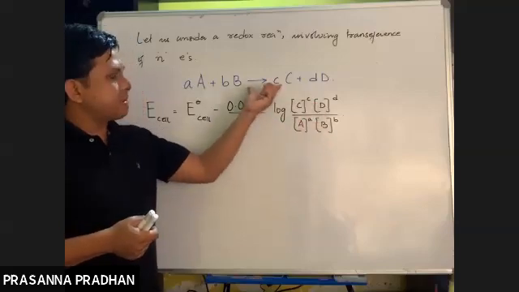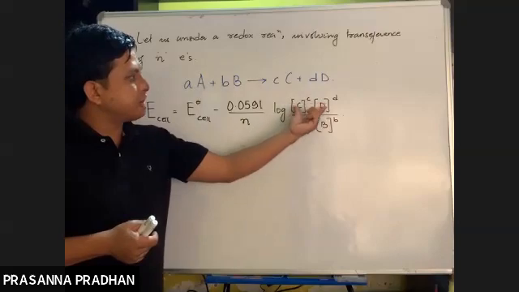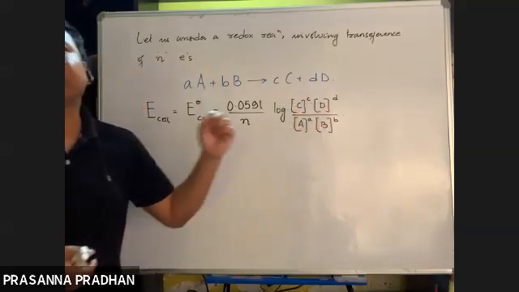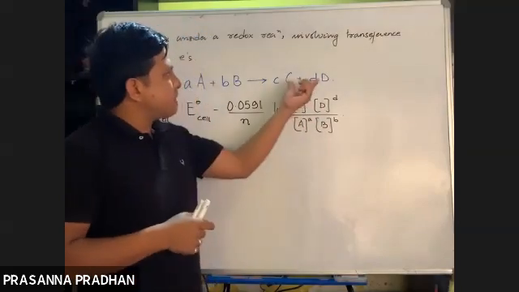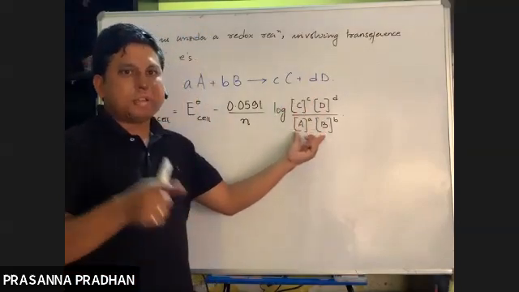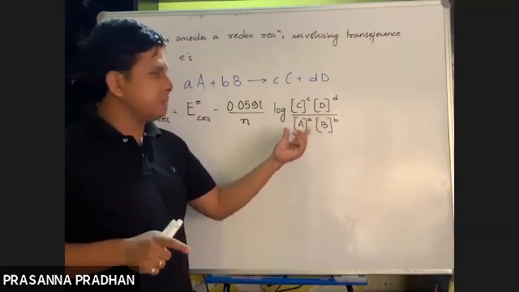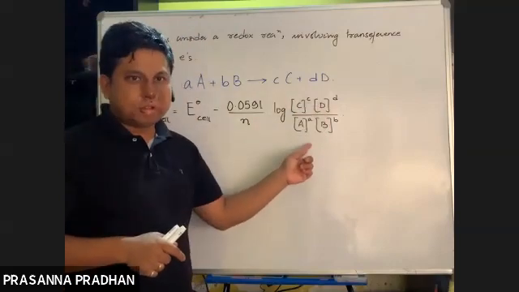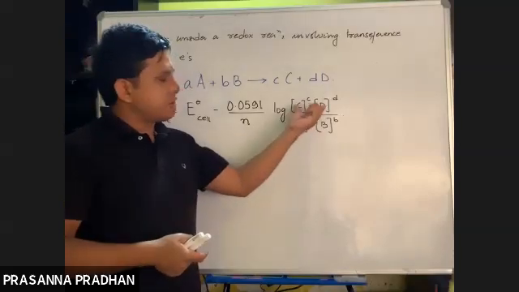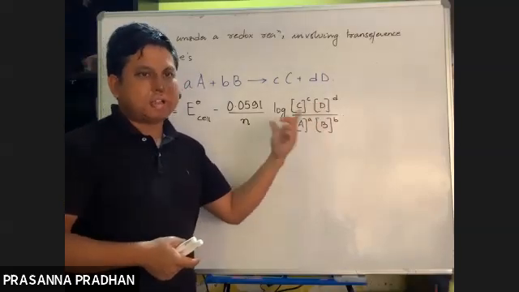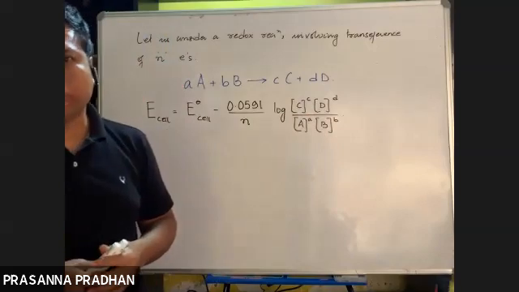But when the reaction is not at equilibrium, we represent this by the letter Q, reaction quotient. Remember, the concentration of product by concentration of reactant when the reaction is not at equilibrium is represented by capital Q. But when the reaction attains equilibrium, then it is represented by the equilibrium constant.